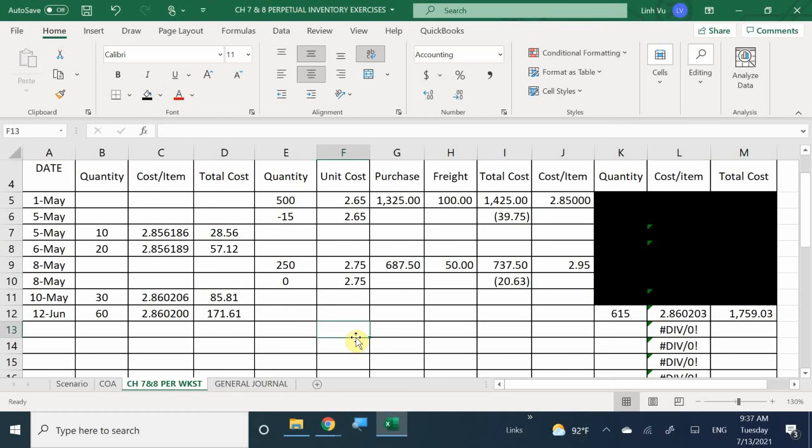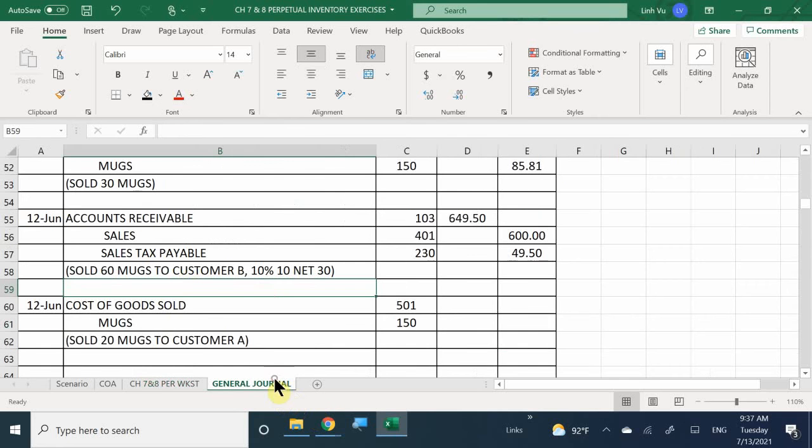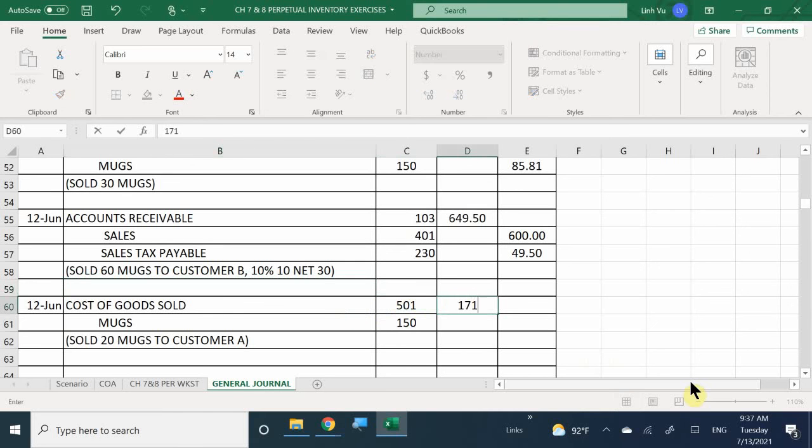So once again, now we have our cost of goods sold of 171.61.